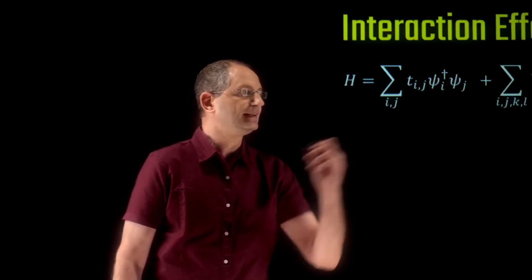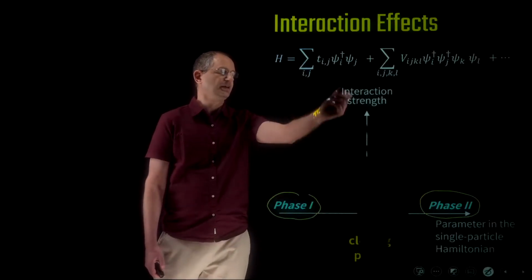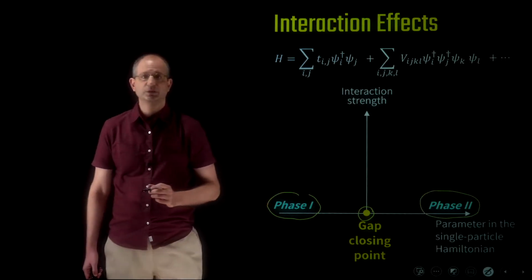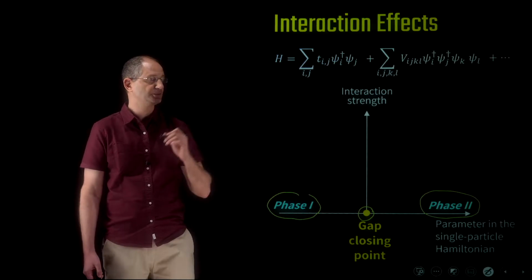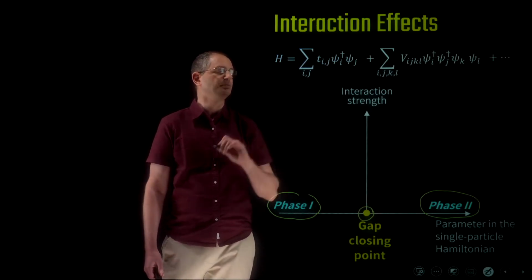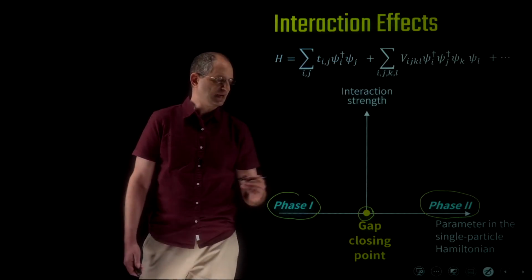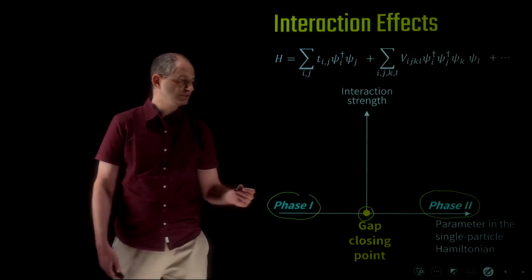So now we're going to add another axis to this phase diagram. And this additional axis is going to parameterize the strength of the interactions between electrons. Now, in principle, there are many types of interactions that are possible, but we're going to just parameterize them by the overall strength. And we're going to ask, how is this phase diagram affected? So there are several options.